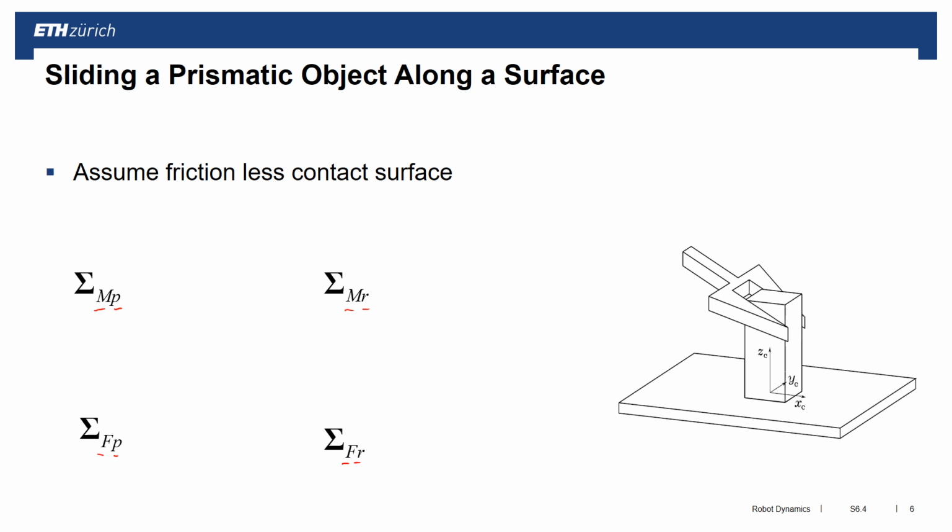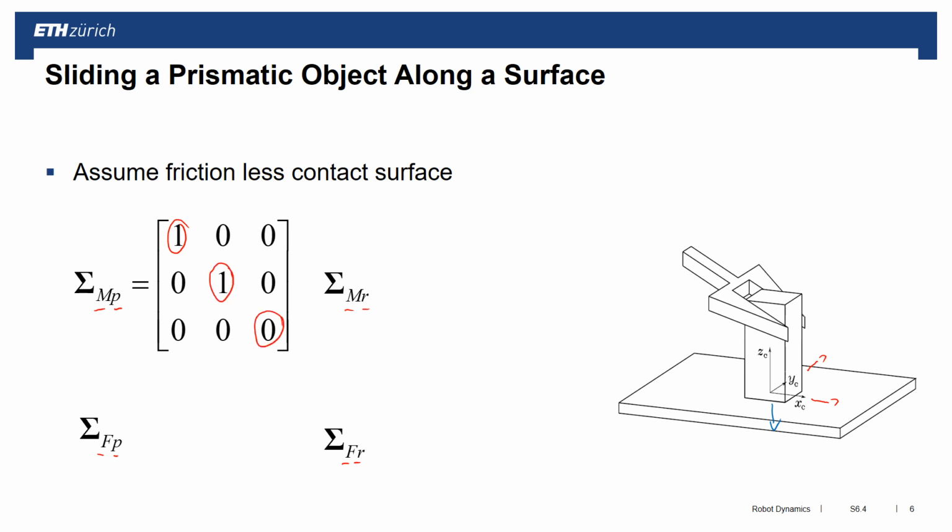So how can the system move? The system can move in X, it can move in Y, it cannot move in C, but it can apply a force in C. In other words, if I look at the motion sigma, it can move in X, it can move in Y, but it cannot move in C direction.